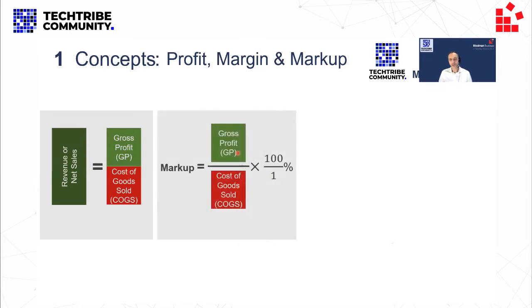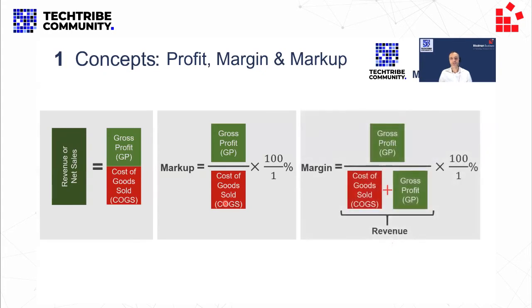The markup then is the gross profit divided by the cost of goods sold, whereas the margin is the gross profit divided by the revenue. But we know that revenue is equal to gross profit plus cost of goods sold, so we can write it as gross profit plus cost of goods sold. I'm going to change the ratio now between gross profit and cost of goods sold. So keep your eye on that.